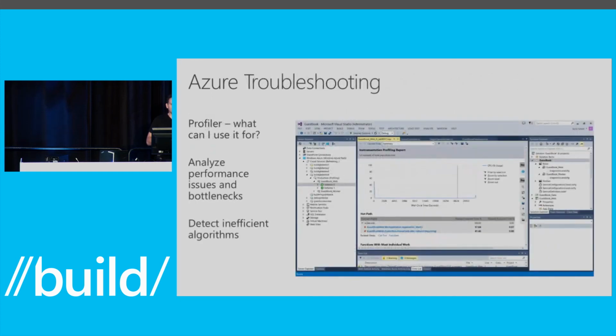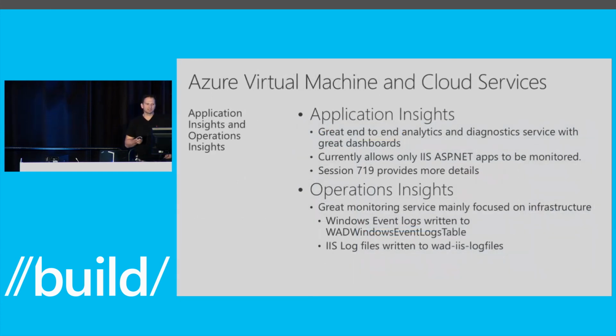There are a couple other things, like as I mentioned, Application Insights is great end-to-end analytics, a diagnostic service with great dashboards. There's going to be a great session on Friday, and I highly encourage you to go there because it's very insightful, and see what this team is up to, and they've done a really great job there.